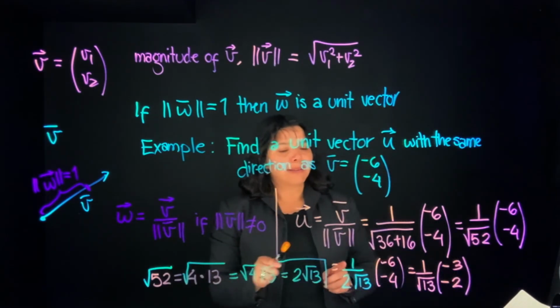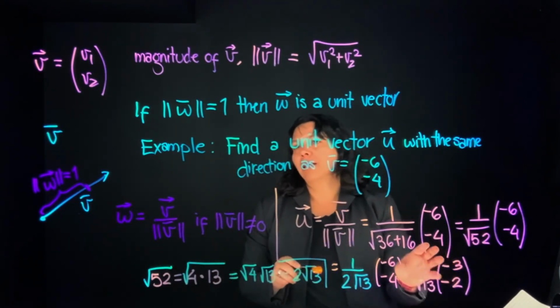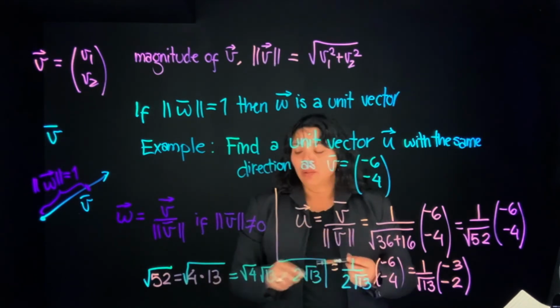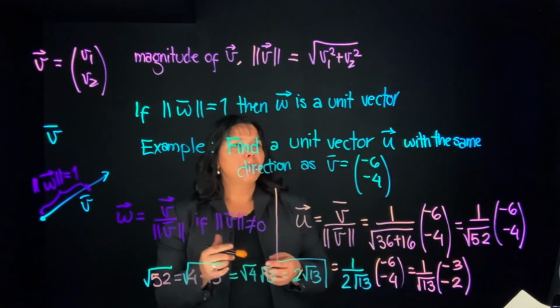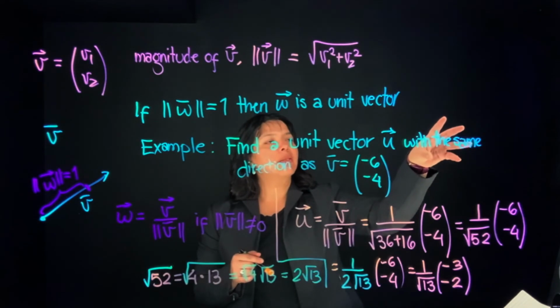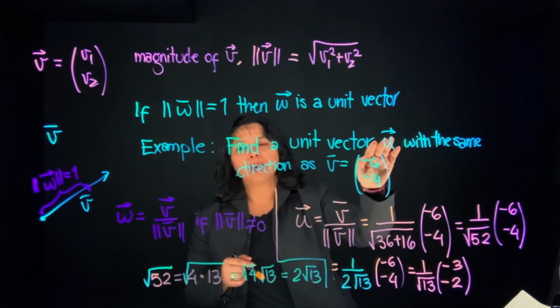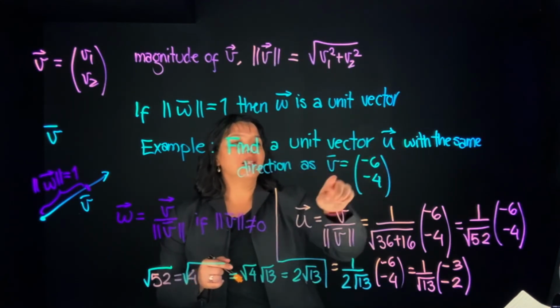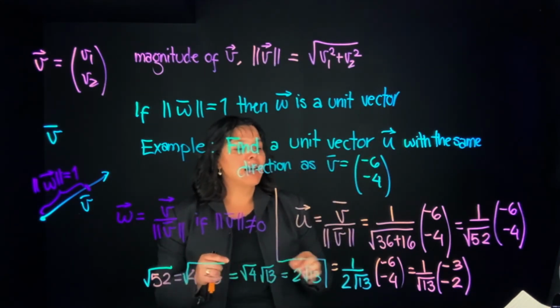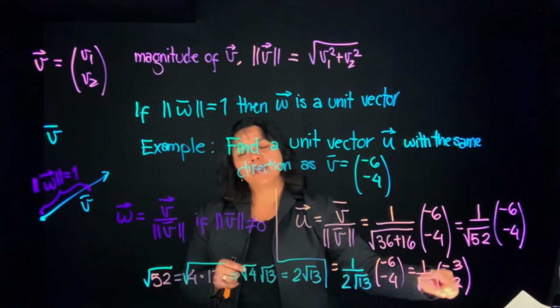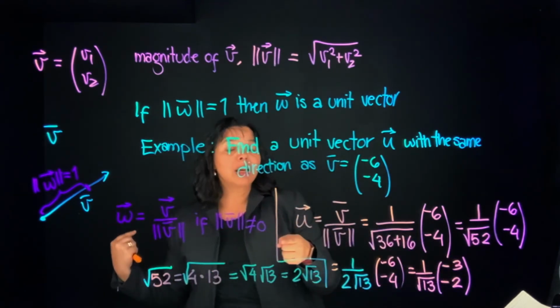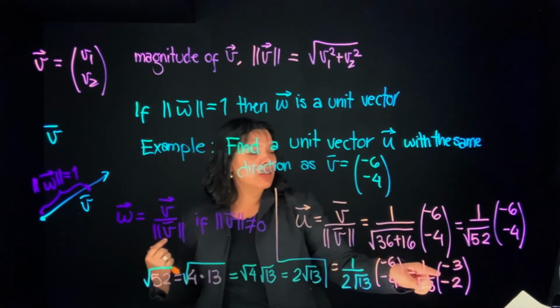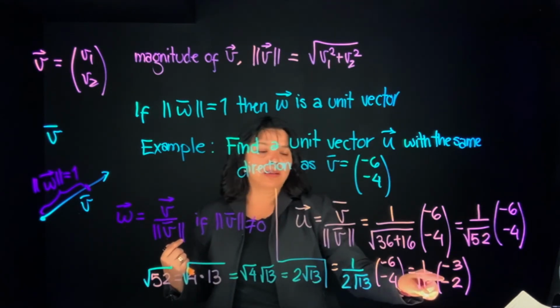Okay, the last thing that I want to mention here is you need to pay attention to the wording, because if they had just said a unit vector that is parallel to v, that means that I could consider this vector or the opposite direction, and the completely opposite direction would be just with plus signs here.